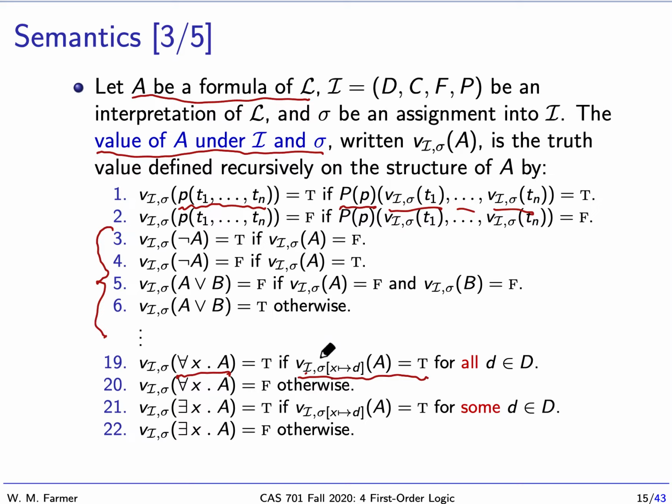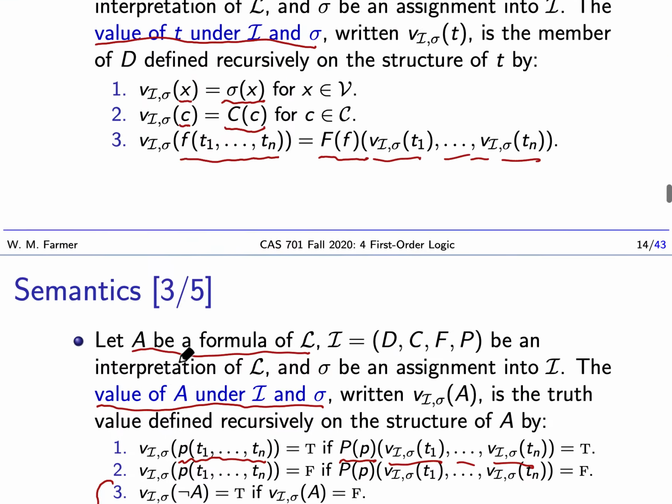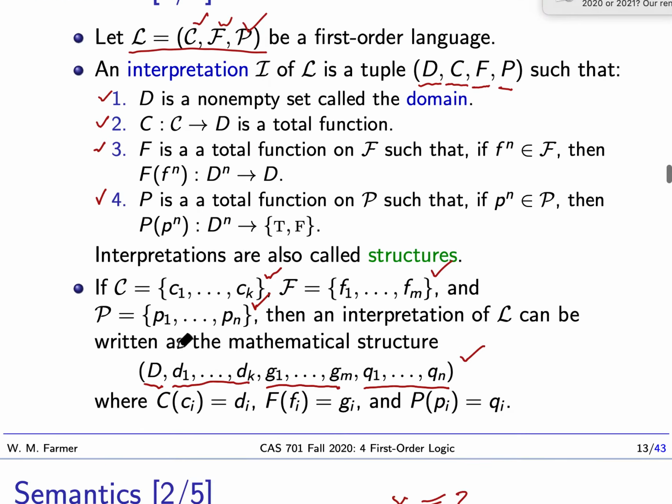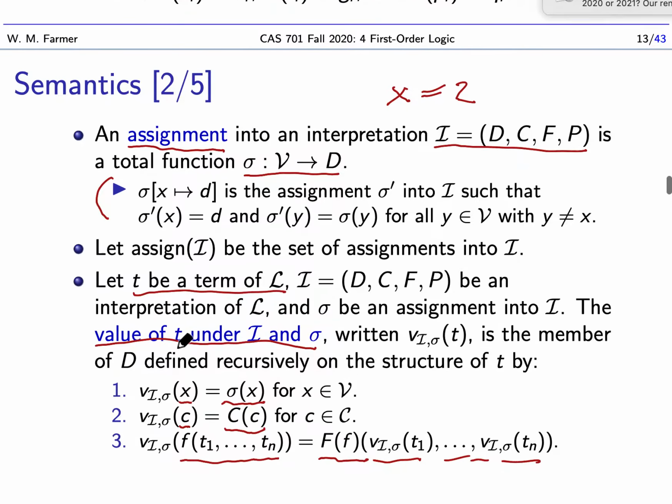But notice I used here a different assignment than this one. So let's go back. That was a definition we skipped. Let's go back and see what that definition says. Here it is.